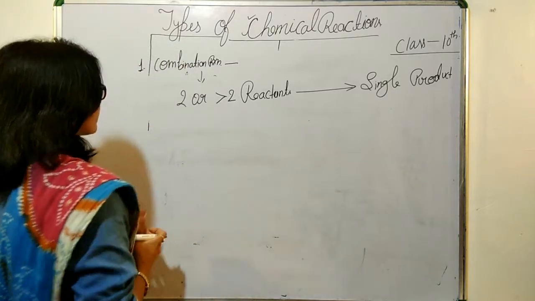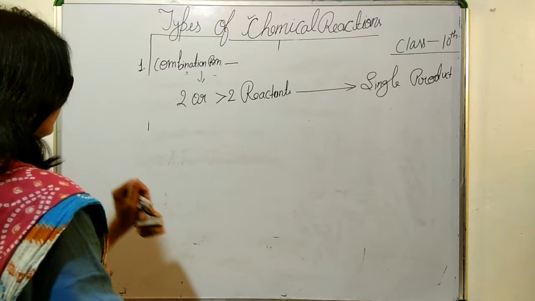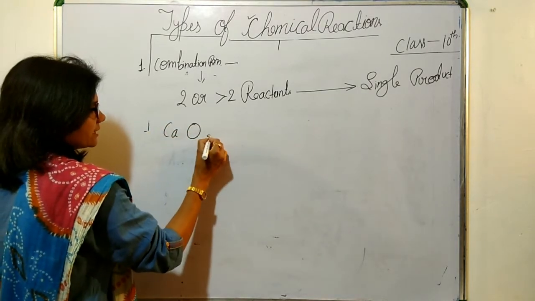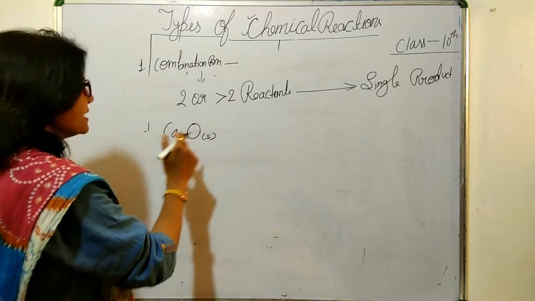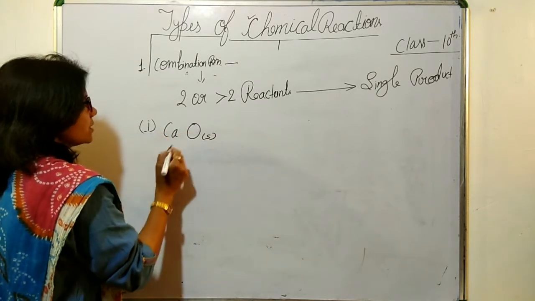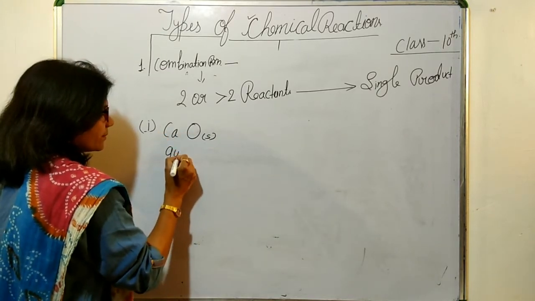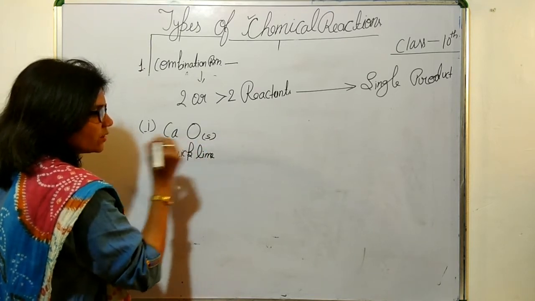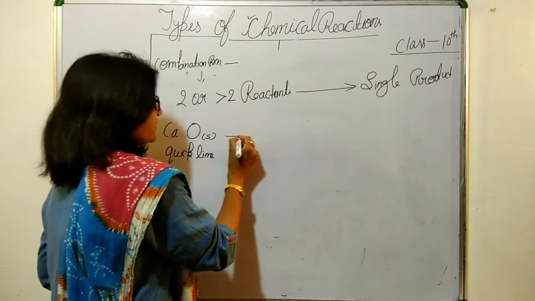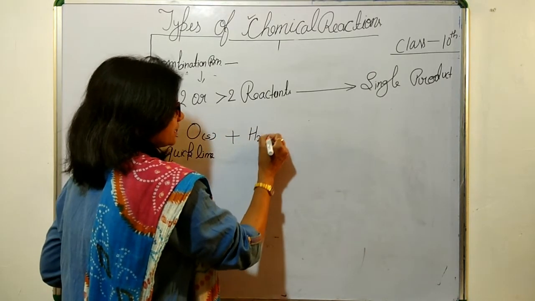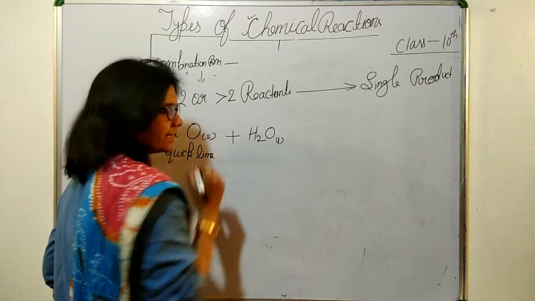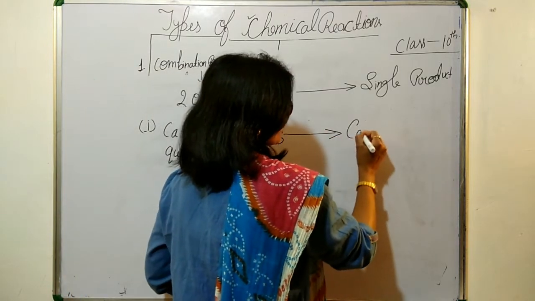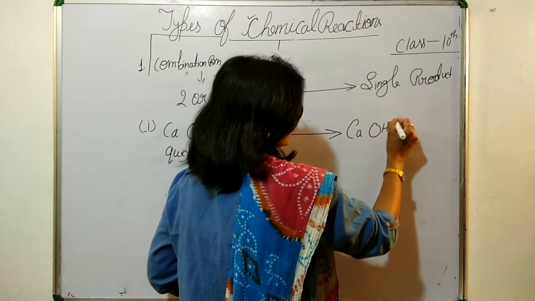First, calcium oxide in solid state. This calcium oxide is also known as quicklime. It is one reactant. When it reacts with water in liquid state, it forms calcium hydroxide.